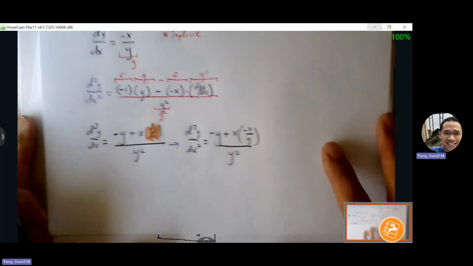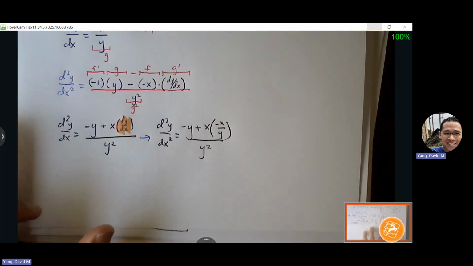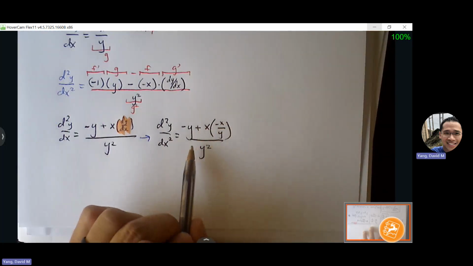All right, so the calculus is done. We're just trying to get this as cleaned up as possible. Now it's going to produce a complex fraction.